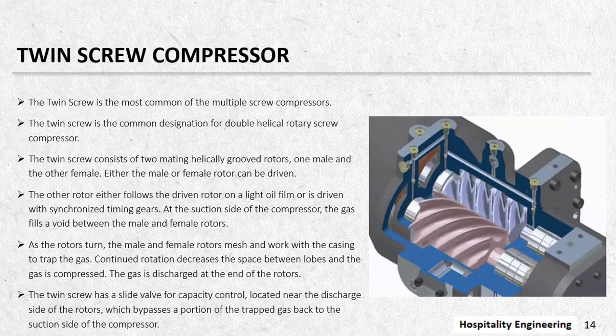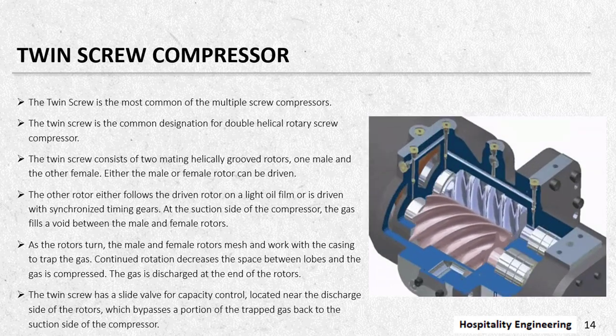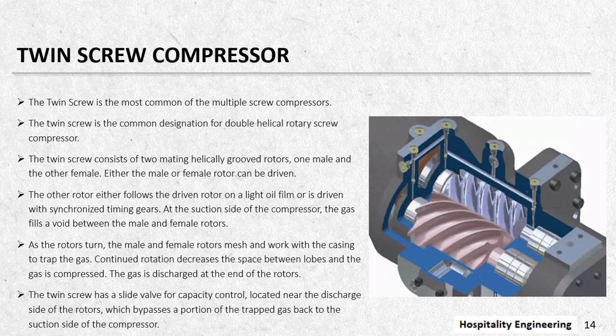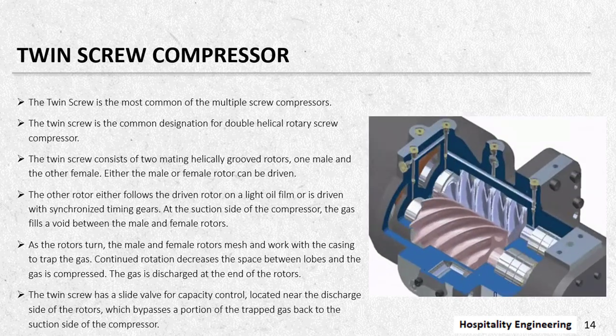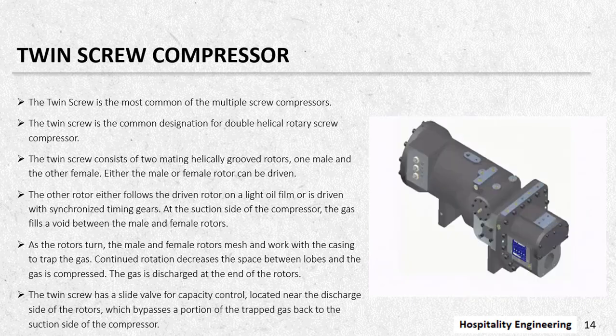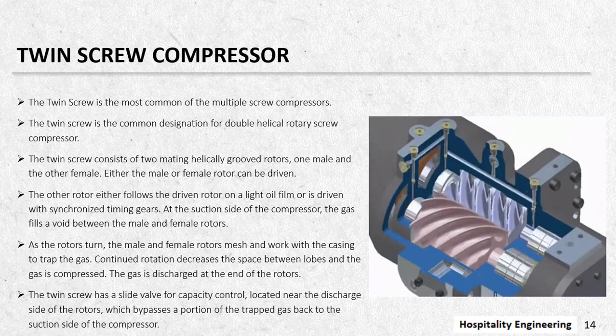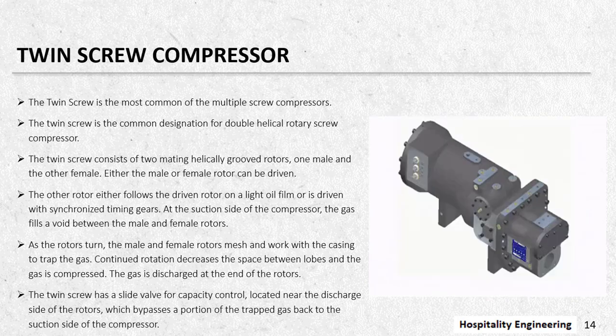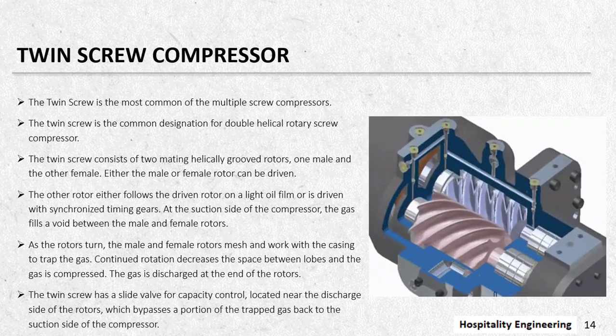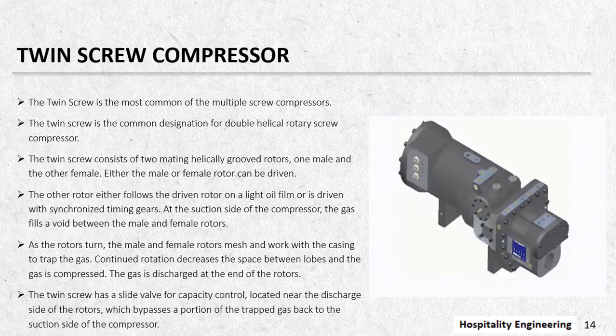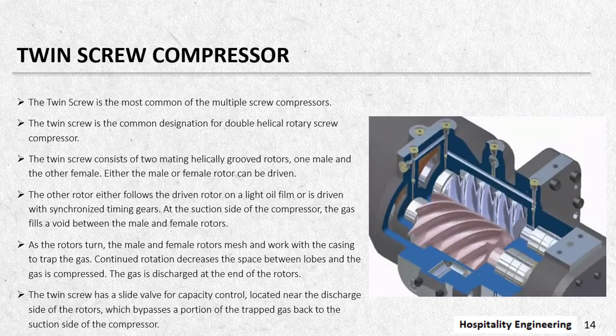At the suction side of the compressor, the gas fills a void between the male and female rotors, which you can see in the picture. As the rotors turn, the male and female rotors work with the casing to trap the gas. Continued rotation decreases the space between the lobes and the gas is compressed.